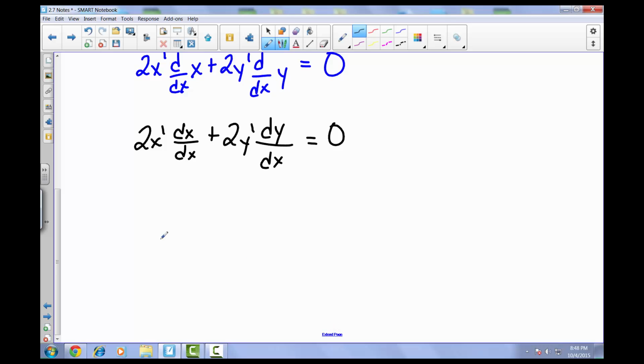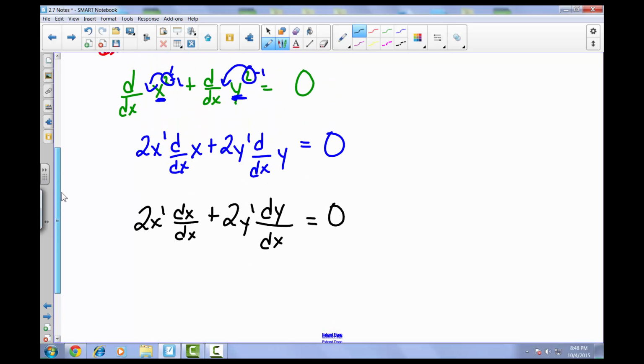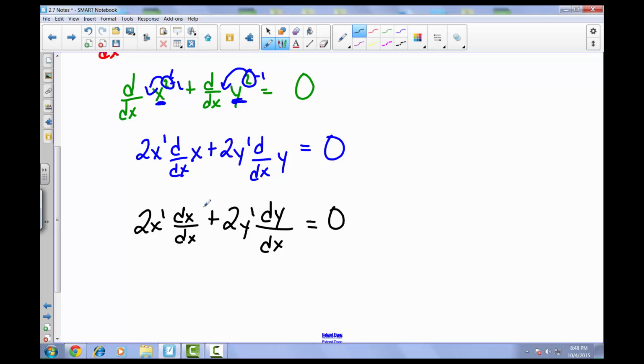Now, typically we didn't show a chain rule happening when we were taking the derivative of something like x squared. A lot of times we just used the power rule because it came out to be just 2x, but we didn't show that dx over dx because in the end this will just come out to be 1. For this piece right here, this dx divided by dx is literally just 1.